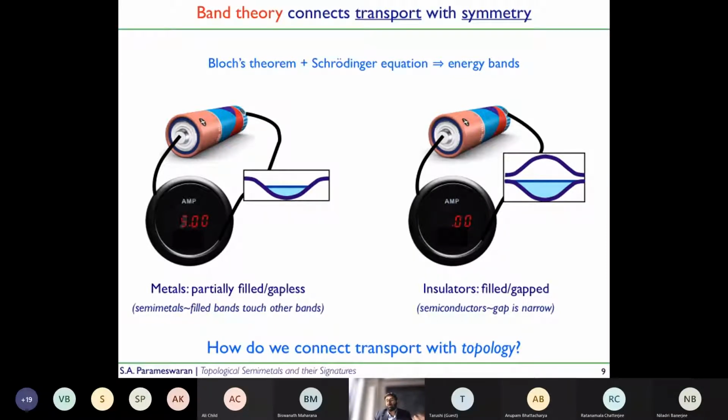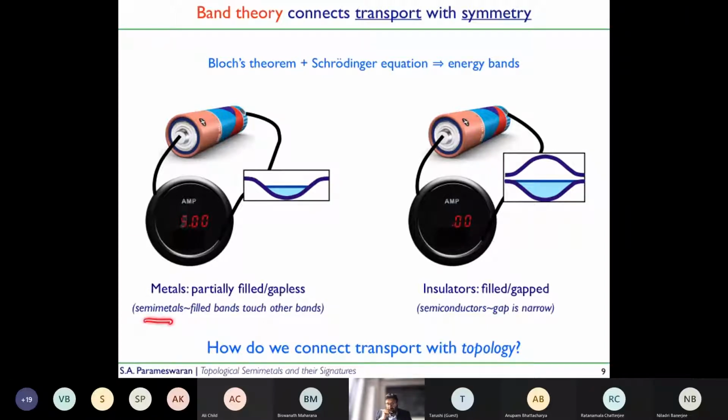But we know that's not true. When you put things together in a crystal, the electrons can become released from their individual atomic sites and move over the crystal. So Bloch's theorem gives us the freedom to think, as a physicist as opposed to a chemist, in terms of symmetry grounds on why metals are metals and insulators are insulators.